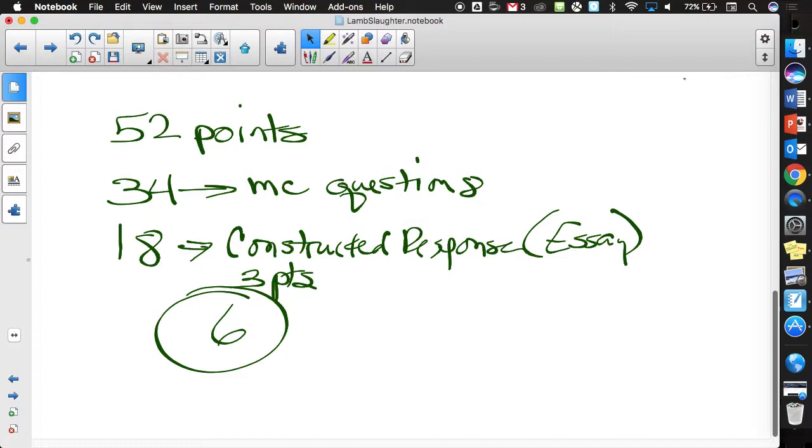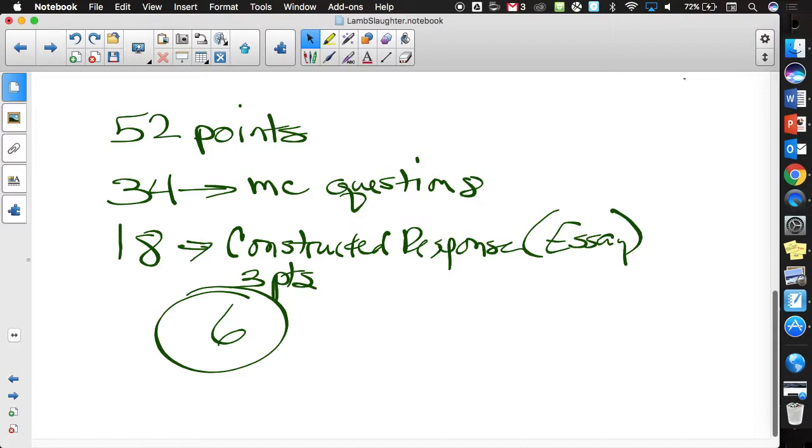How many points do you need to pass? I was waiting for that question to come up. It varies a little bit from year to year. Generally speaking, if you are getting about 2/3 of the points, you pass.